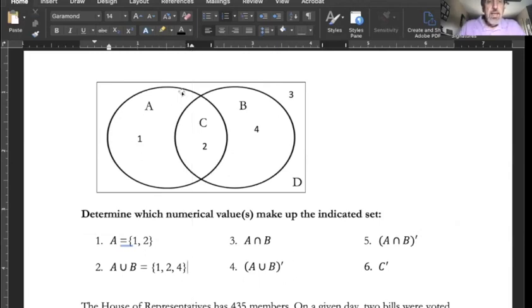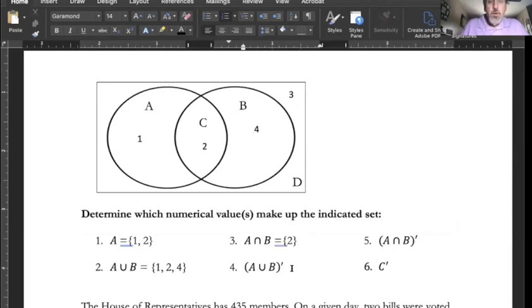So the stuff that is in A or B are the numbers 1, 2, and 4. All right. So the intersection, I already kind of gave this away to you guys. It's probably pretty obvious. The intersection is the stuff that is in A and is also in B. And of course, the only number that is in both A and B is 2. All right. 2 is in the intersection. It's the only thing that's part of both A and B.